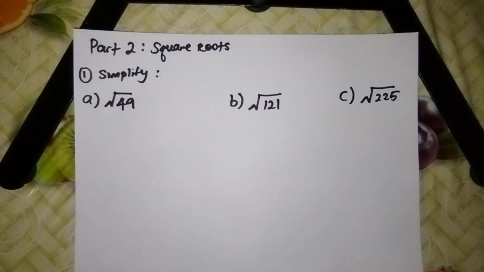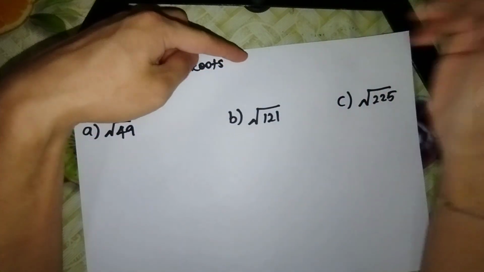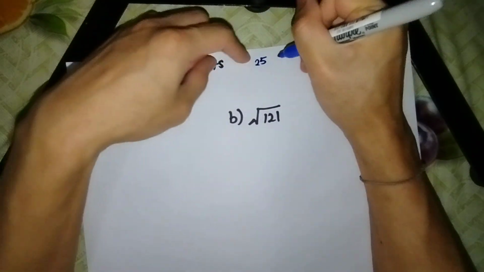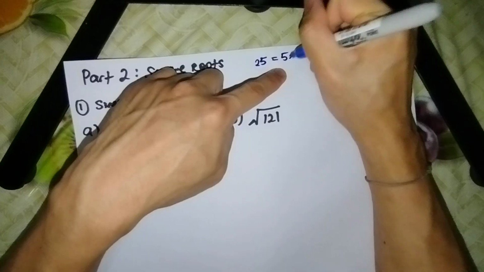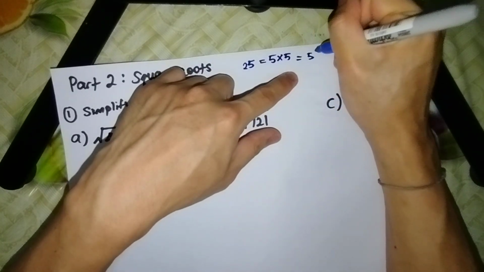Earlier, we did mention 25 being a perfect square of 5 times 5, and it can be simply written as 5 squared.